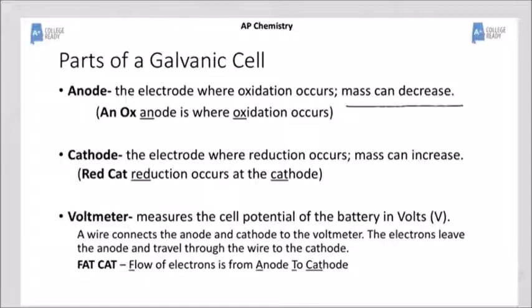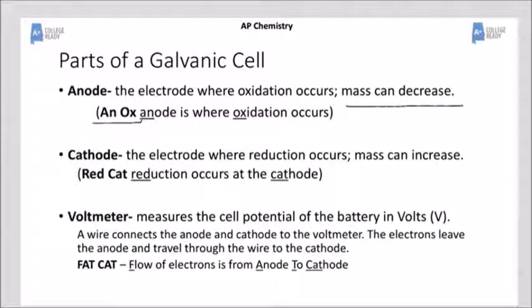And there are some really great mnemonic devices which help a lot of students remember which process is occurring where. So anode is where oxidation occurs. So ox, it's kind of helpful. And then the other part of the galvanic cell is where the reduction process is occurring, and that is called the cathode.